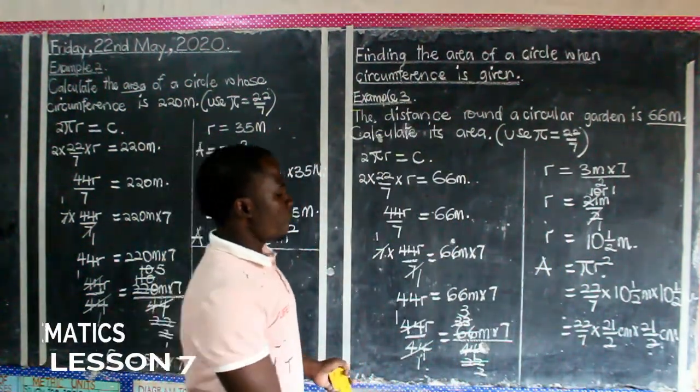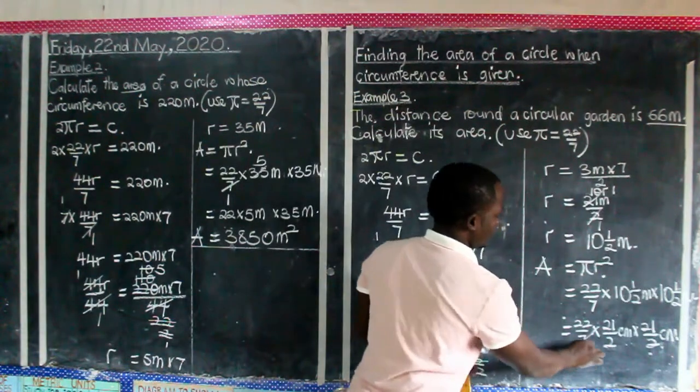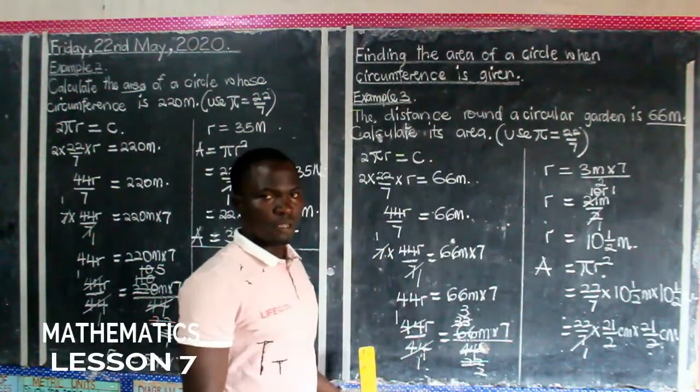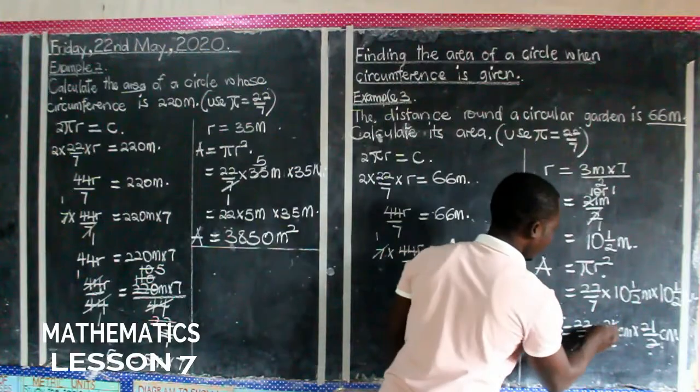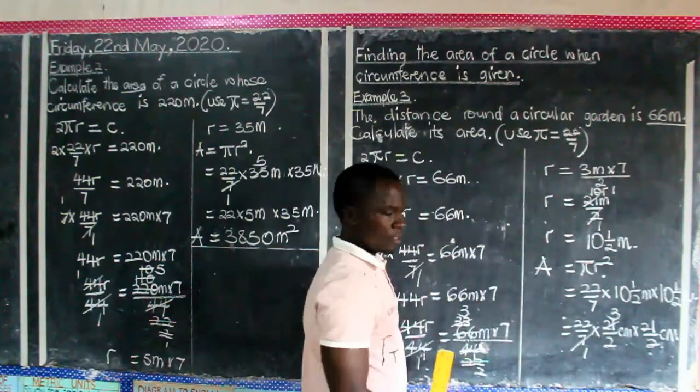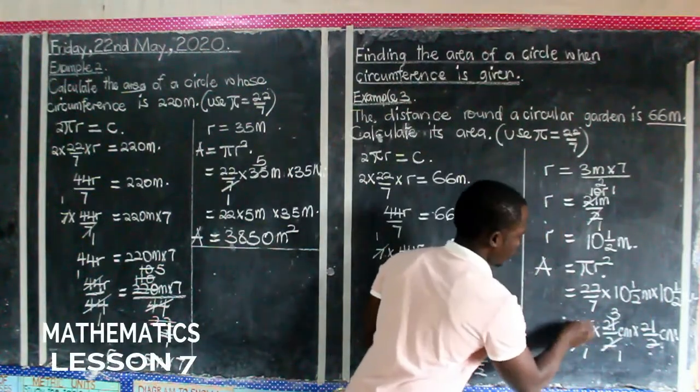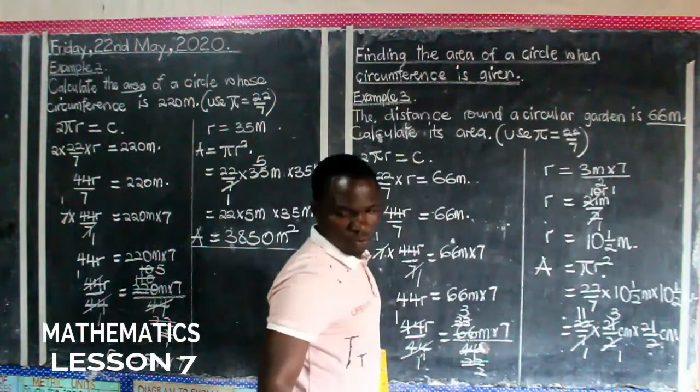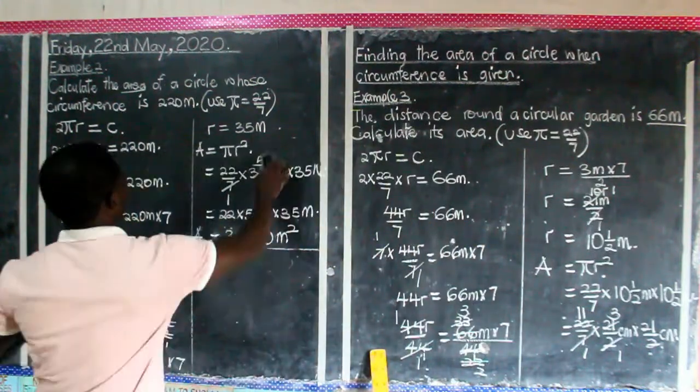We can simplify by 7 once. By 7 here we shall have 3. By 2 once, by 2, 11.